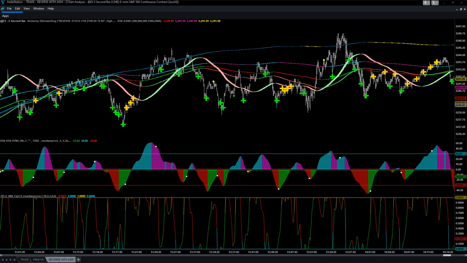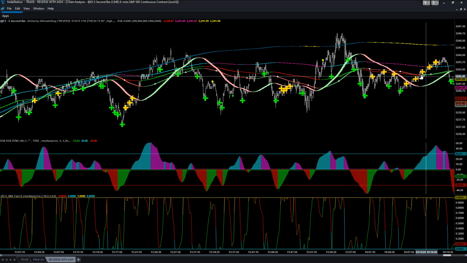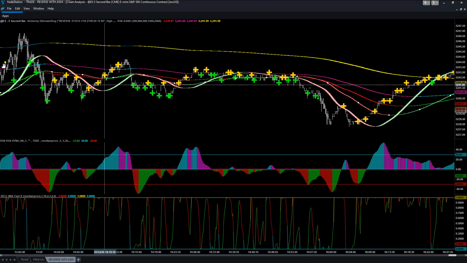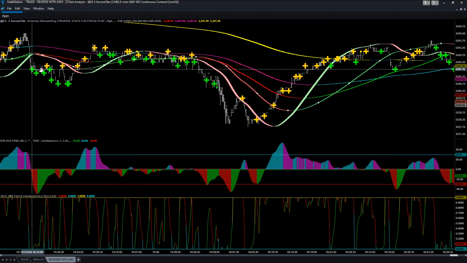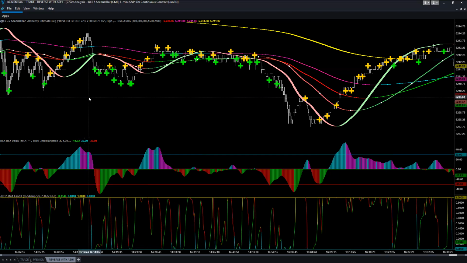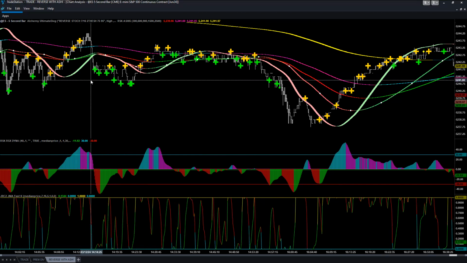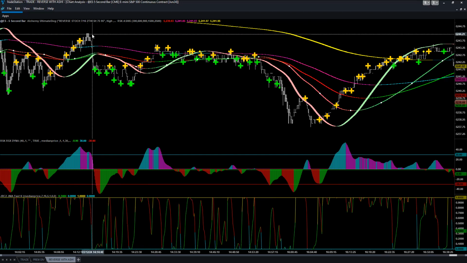So this is going to be long into the close. So regardless of the pattern, what you're seeing here, got to keep in mind what the overall pattern of the day is. So that's where she peters out, and we've got nothing more to work with at that point.